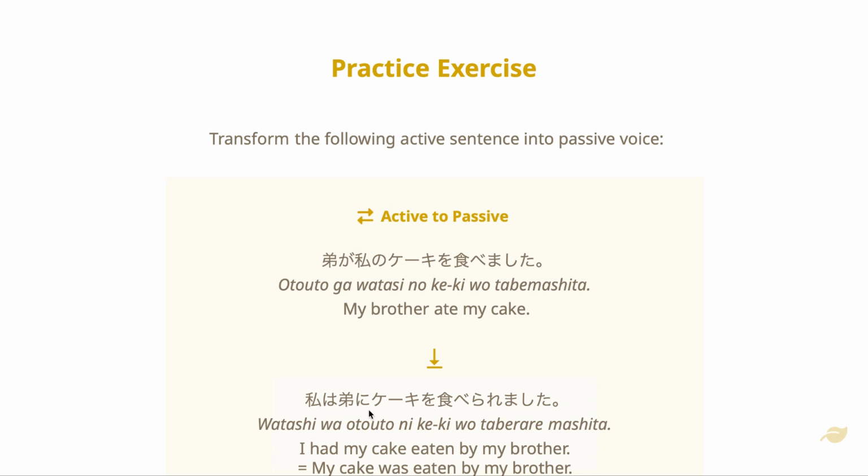We shouldn't put を for by when we have passive form. Just for information, when we make a sentence, we usually get rid of I, which is 私. So instead of saying 私は弟にケーキを食べられました, we can just say 弟にケーキを食べられました。In this case also the subject is I, so even without saying 私は, people can understand the subject is I.